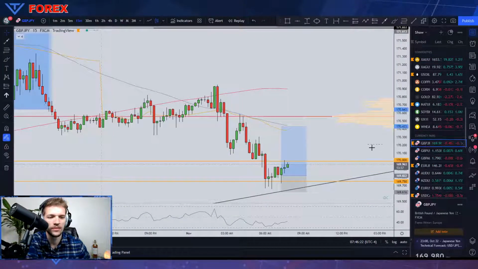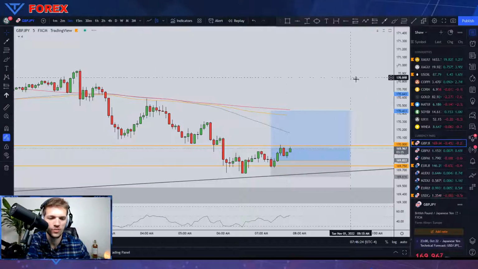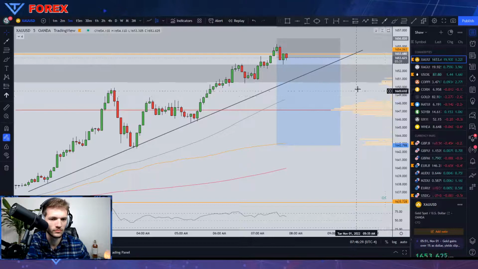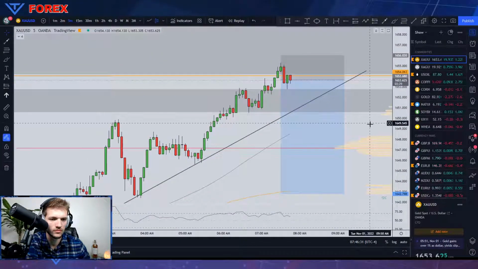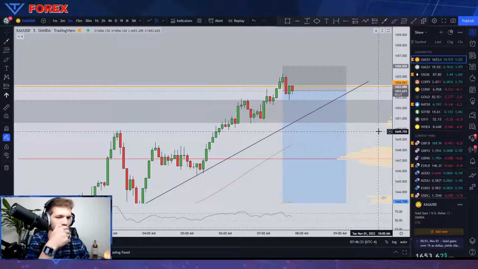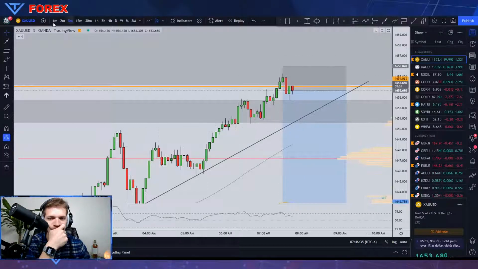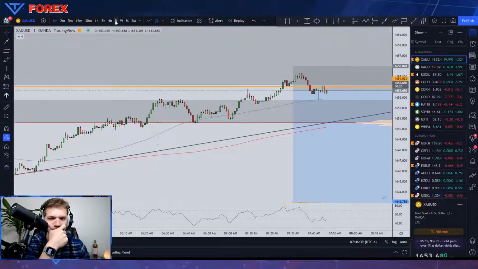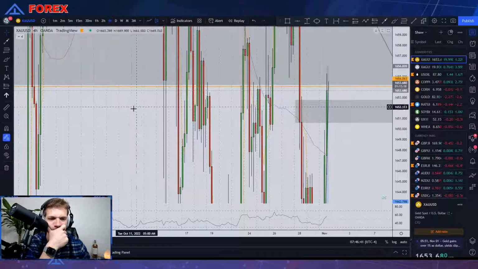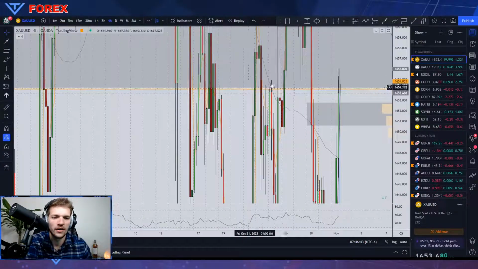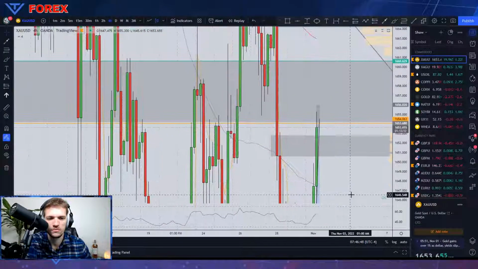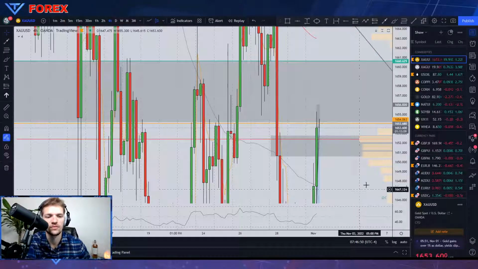Alrighty. Pound yen reapproaching 170. All right, this area here for gold, I don't just try to guess tops for fun.